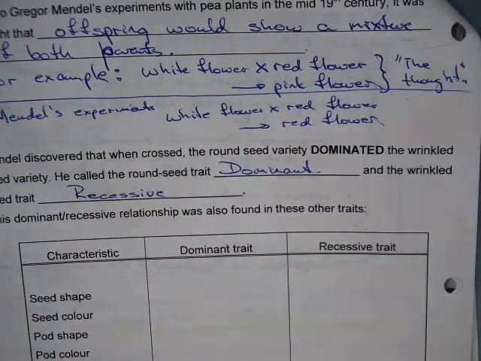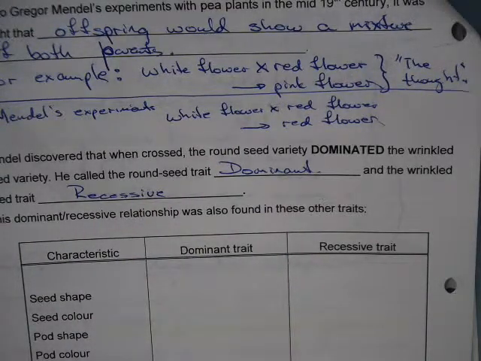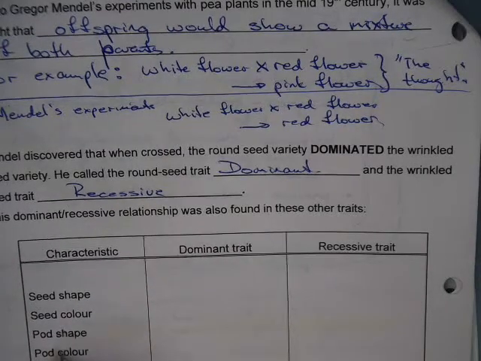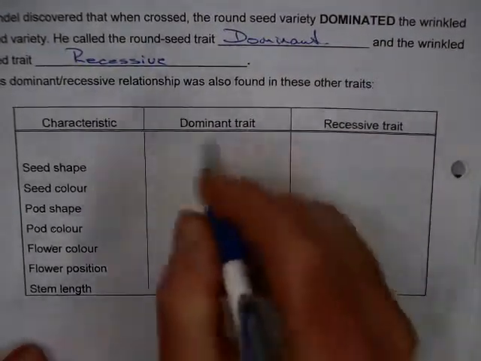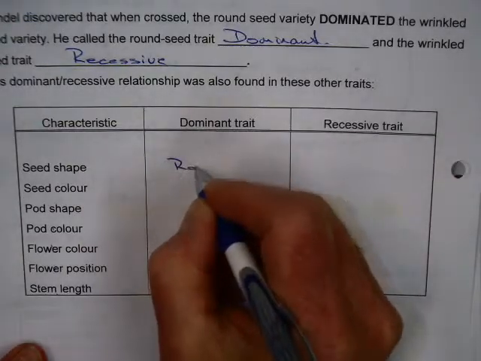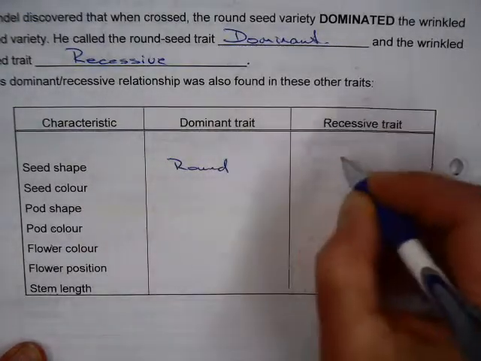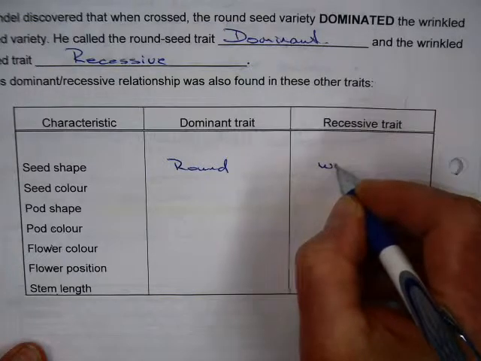Recessive means to recede, means to shrink into the background, so to speak. And that was actually a very good word for him to use, because it was hidden, it was shrouded, it was cloaked. So we're only looking at 1, 2, 3, 4, 5, 6, 7 traits. So the seed shape, we found that dominant was always round. We already said that. Recessive trait was always wrinkled.